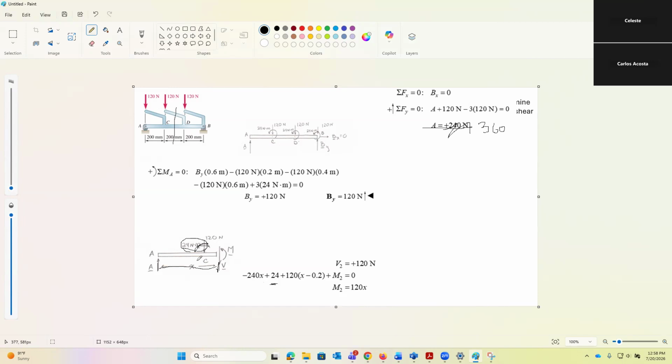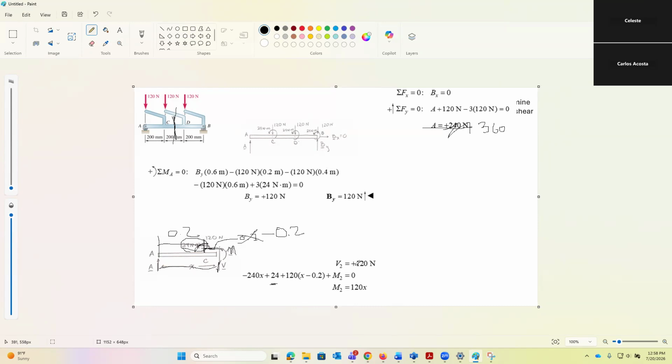It's 24. Then you have 120 times x minus 0.2 because it's whatever point we want. So from here to here is 0.2. Remember, it's the same thing as before. x minus 0.2 is this distance. Or basically, sorry, this distance is 0.2. This right here is x minus 0.2, times 120, plus M2, which is what we're trying to solve.